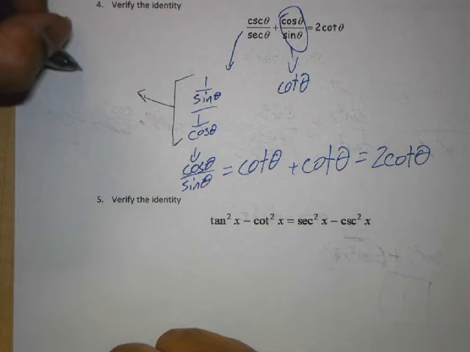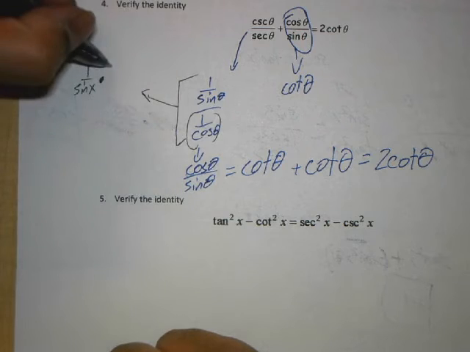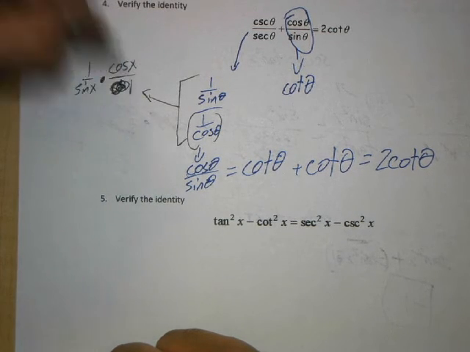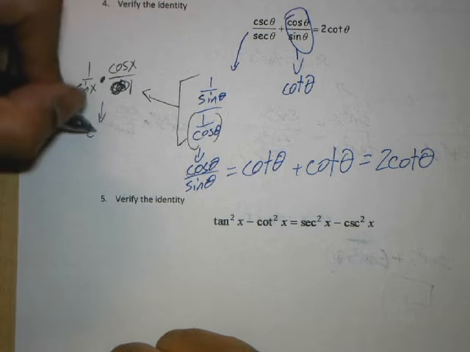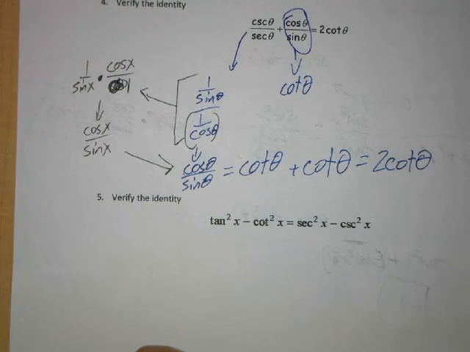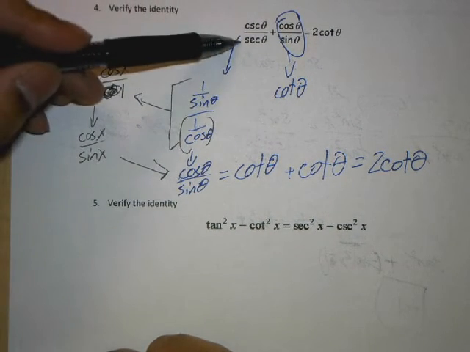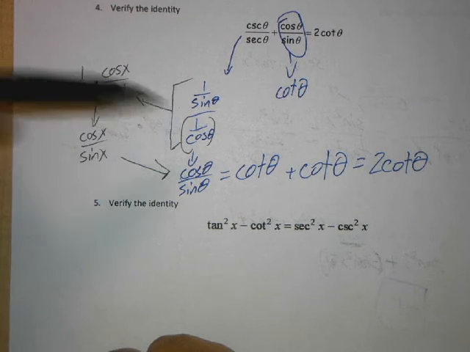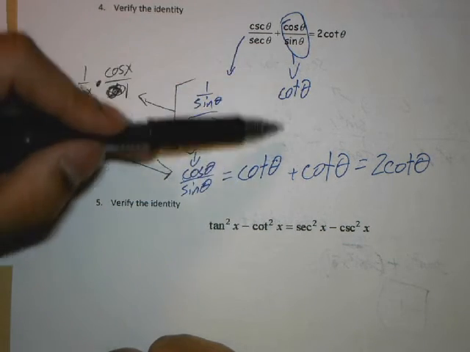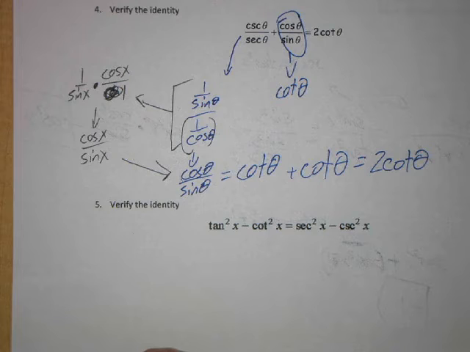That is 1 over sine times, remember we flipped this one, cosine over sine, over 1, which comes out to cosine x over sine x, which was what I put down here. That's if you weren't sure about that algebra. Again, break this one down into sines and cosines, simplify it, and it turns out to be a cotangent. So this cotangent with this cotangent, 1 and 2 makes 2 cotangent. Your identity has been verified.